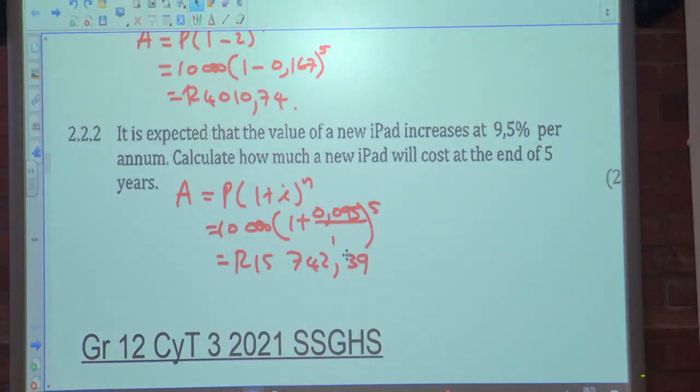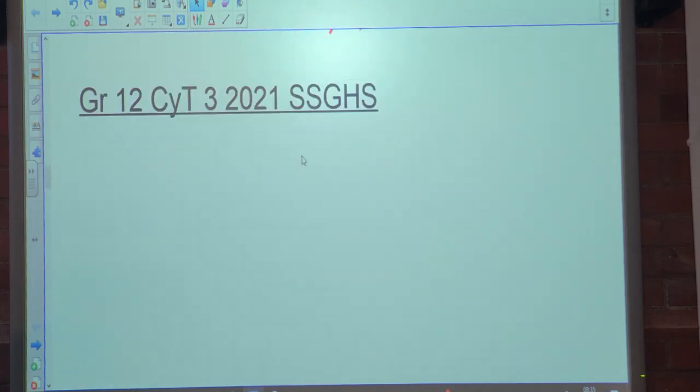So that is the expected cost of an iPad of similar stature in 5 years' time.